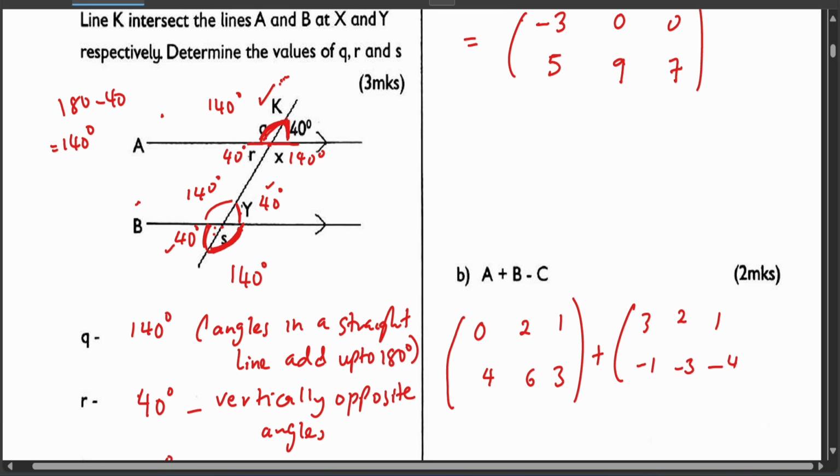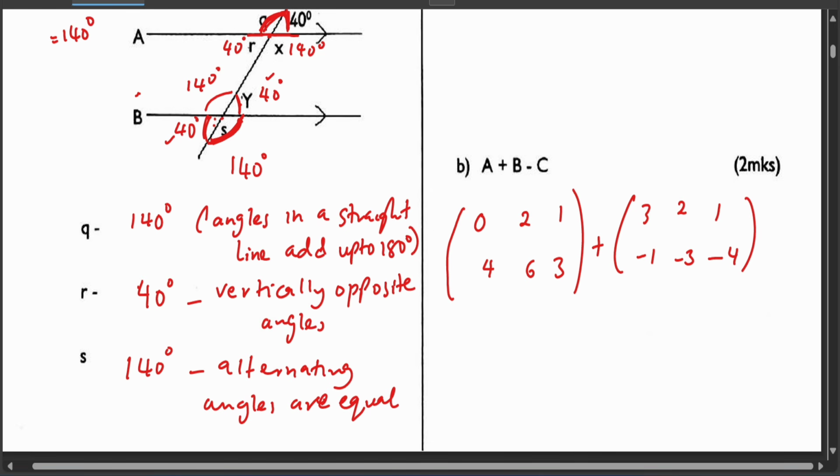So now let's add these first, and then we'll subtract. This is A plus B now. 0 plus 3 gives you 3. 2 plus 2 gives you 4. 1 plus 1 gives you 2. Then 4 plus negative 1 is just 4 minus 1, because positive times negative gives you negative.